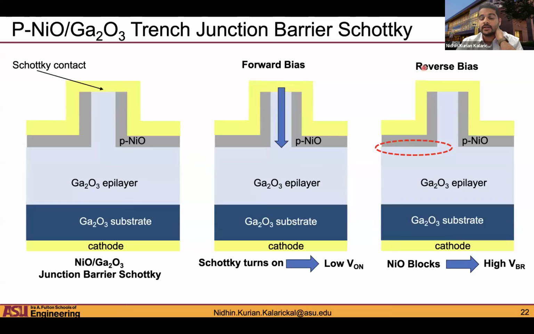Whereas under reverse bias, it turns out the electric field is actually entirely blocked by this bottom junction, and I'll show some TCAD simulations. Just due to this fin structure, the voltage is entirely blocked by this bottom junction. So essentially, in the forward bias, you get the advantage of the Schottky. In the reverse bias, you get the advantage of the nickel oxide gallium oxide junction.